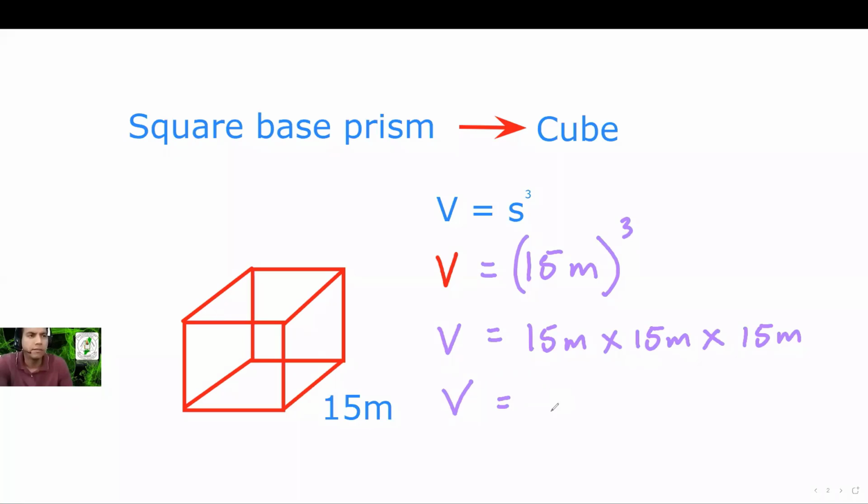Multiplying 15 by 15 by 15 gives us 3,375 meters to the third power. Very, very important. So this is the volume of a square-based prism, also known as a cube.